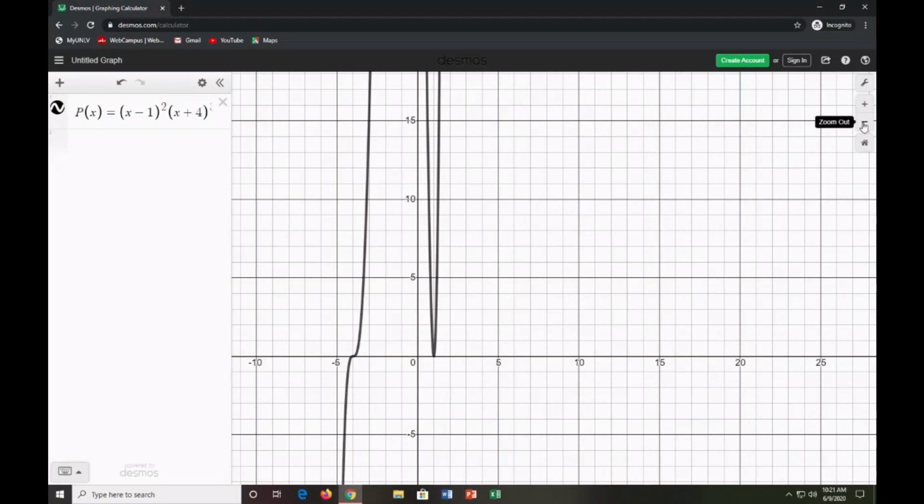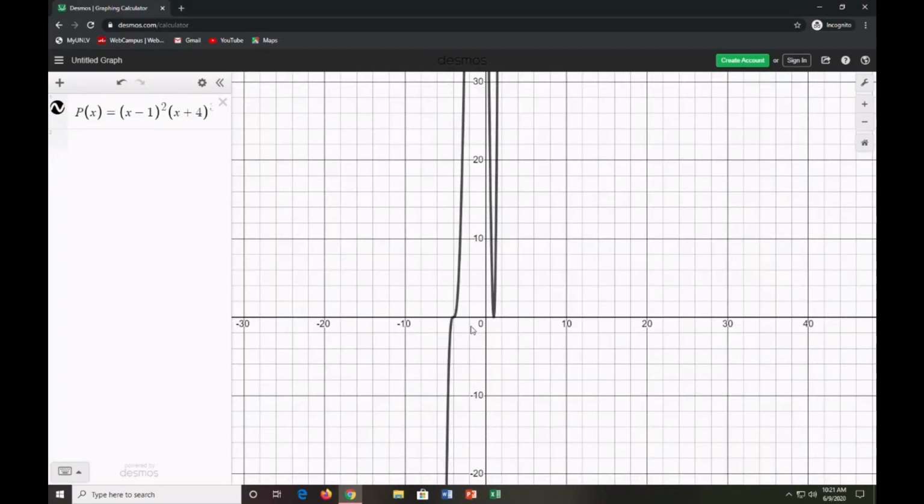You can see the computer's graph is very, very detailed, and you can see what happens at that -4, 0 right there. At that point, something interesting happens, and also at 1, 0 right there, right?